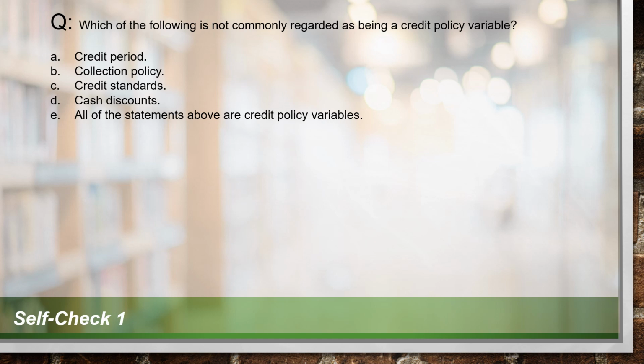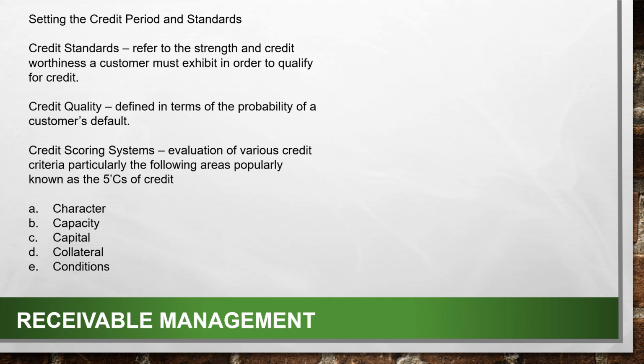a self-check question. So this is self-check question number 1. So we have here our credit scoring system. So it was mentioned that for individual customers, we are going back to the popular 5 C's of credit. So we have character. Of course, character matters, okay?